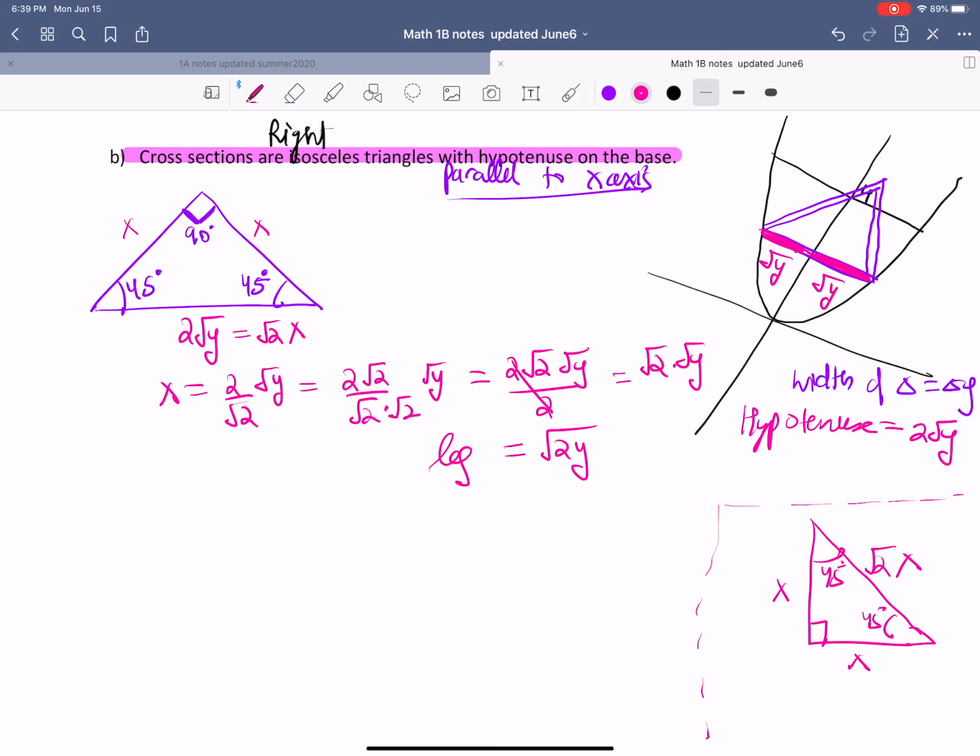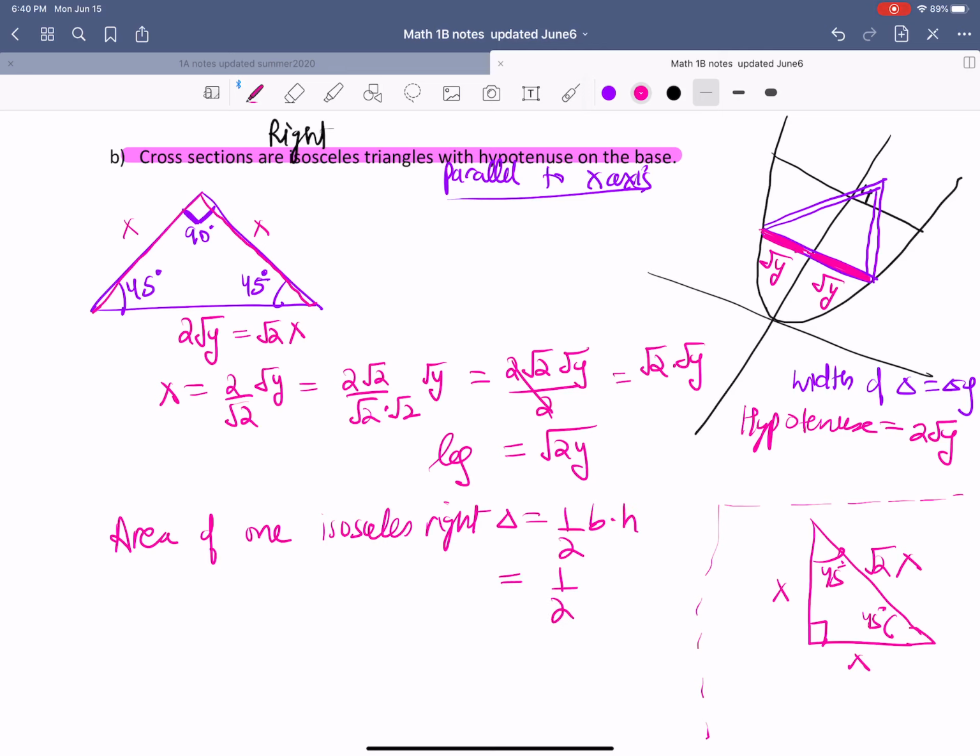Well, there's multiple ways. I could just do 1/2 base times height to find the area of the triangle. So I'm going to use this as the base, this as the height for that triangle. Area of one isosceles right triangle is 1/2 base times the height.